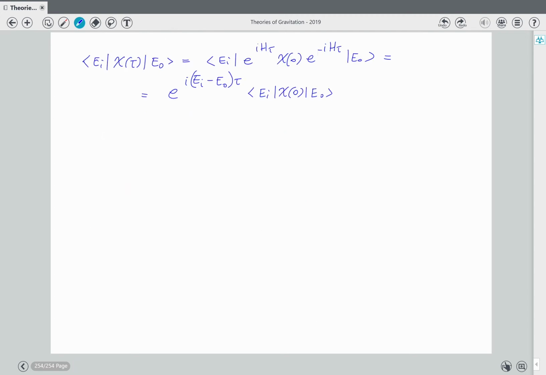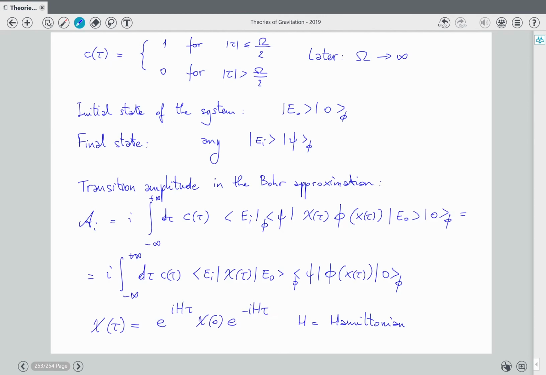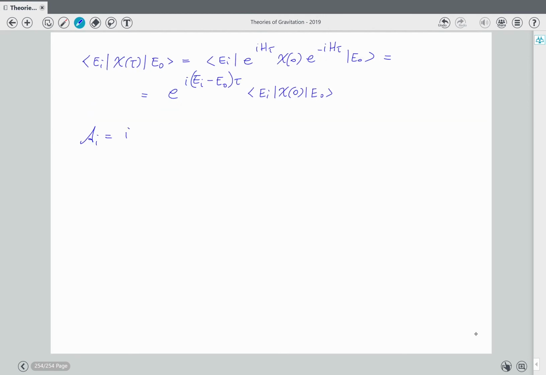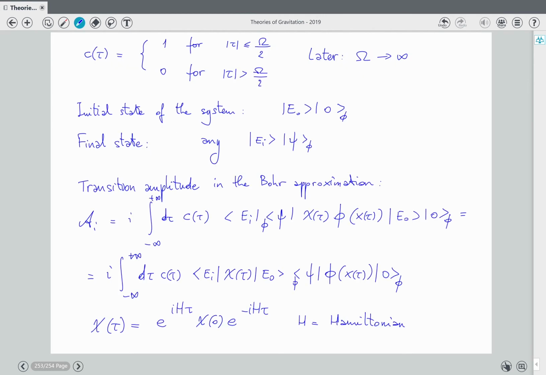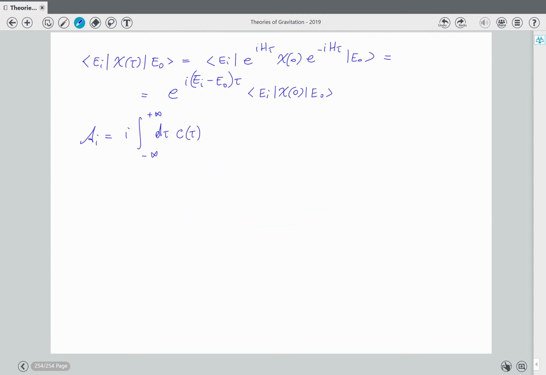So let's rewrite A_I. A_I is equal to i times the integral from minus infinity to plus infinity d tau c of tau. Then there is this average which we have computed, which gives this exponential.